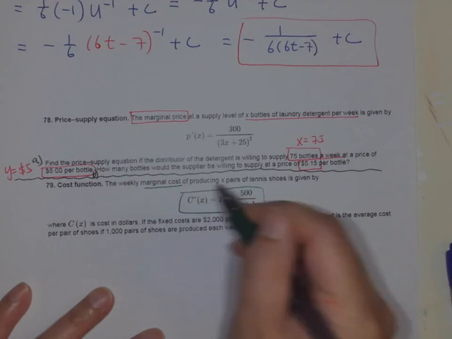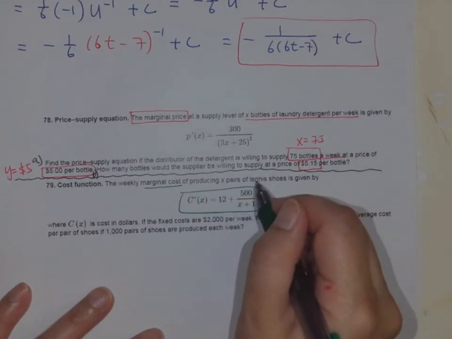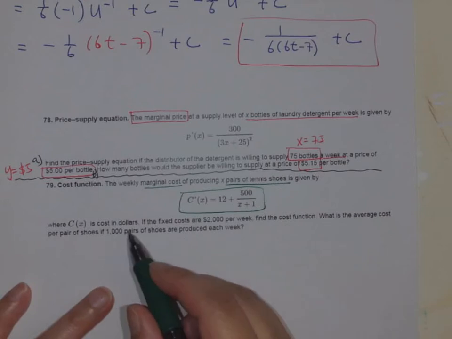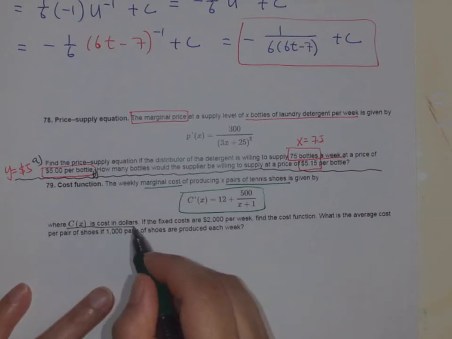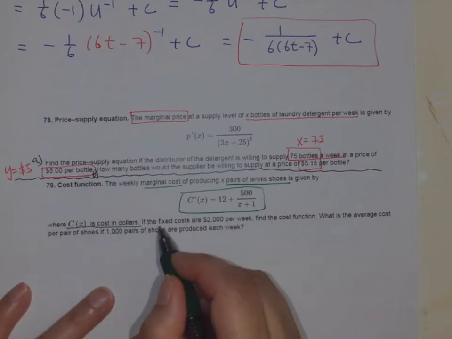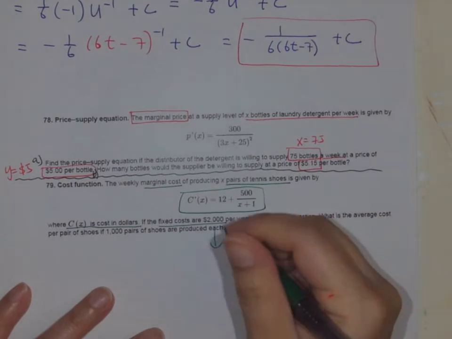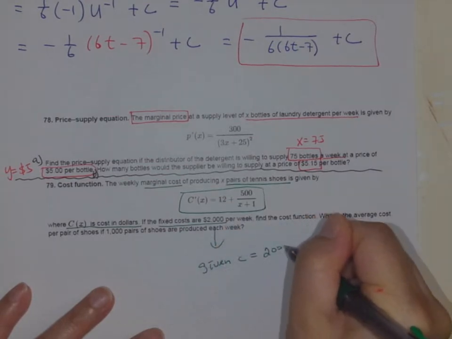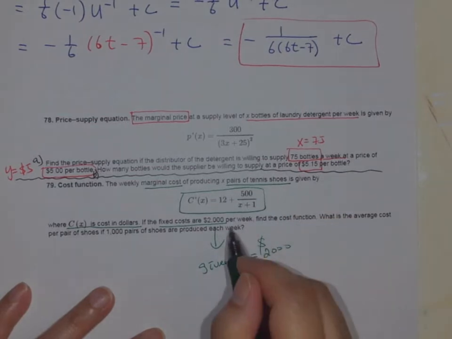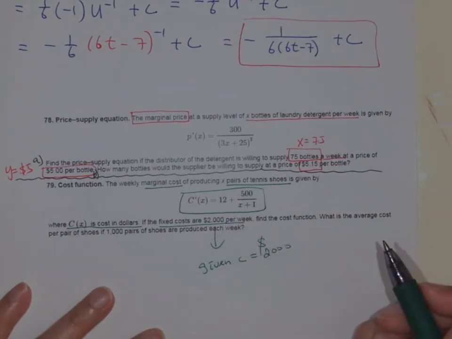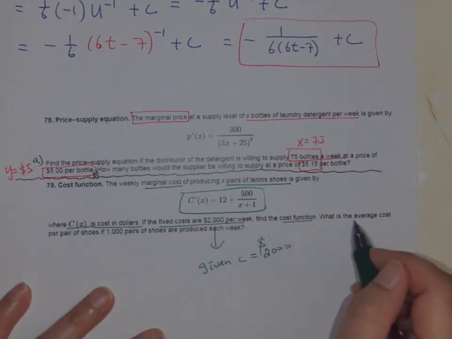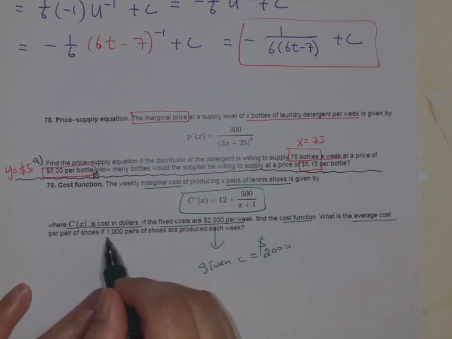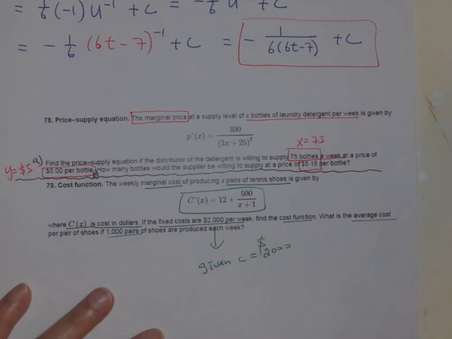C of x is the cost function in dollars. If the fixed cost is 2,000, so C is given, C equal to $2,000 per week. Find the cost function. What is the average cost function?